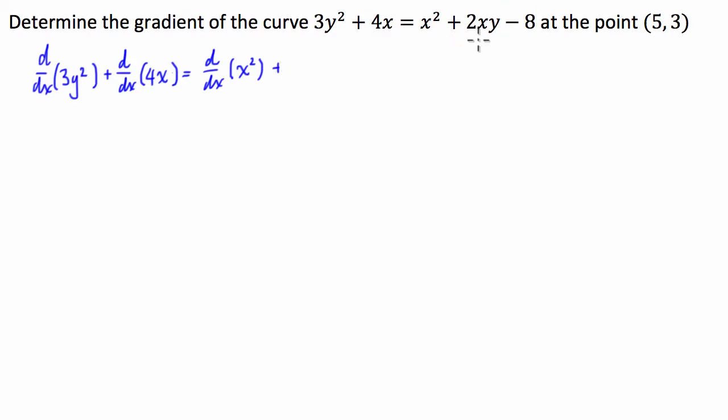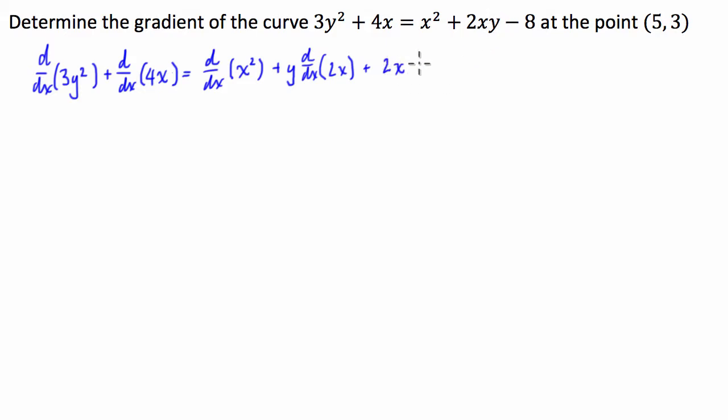plus, now this here is going to be a product rule, so we have to do the derivative of the front number times the back, so we're going to go y times d/dx of 2x, so that's the derivative of the front, plus the front times the derivative of the back.